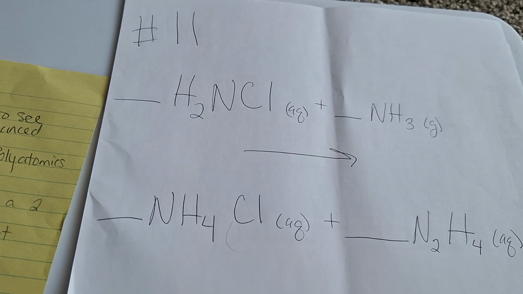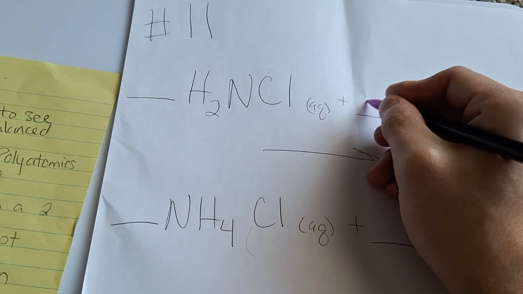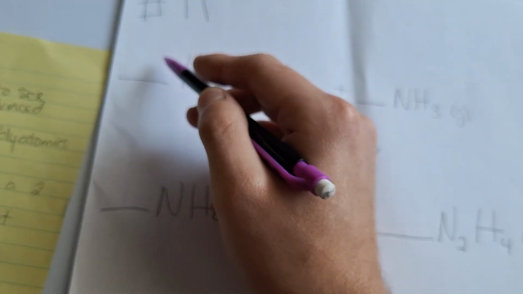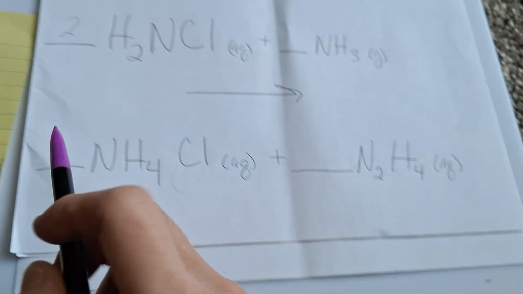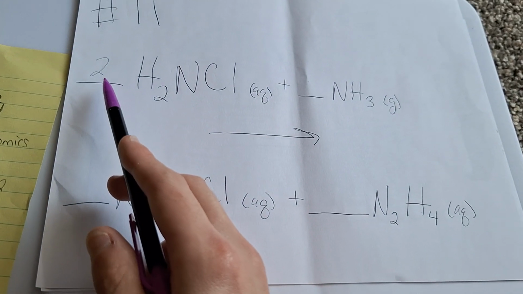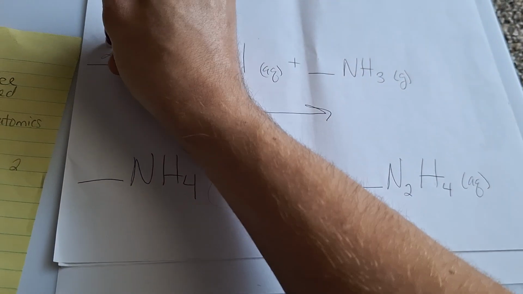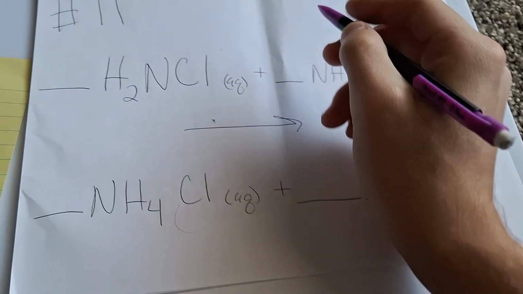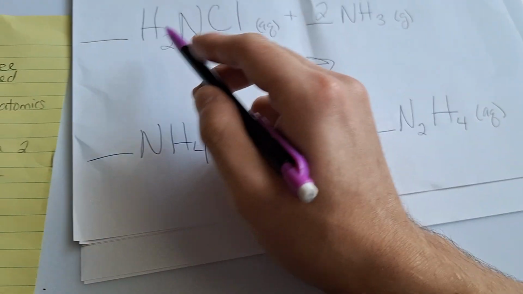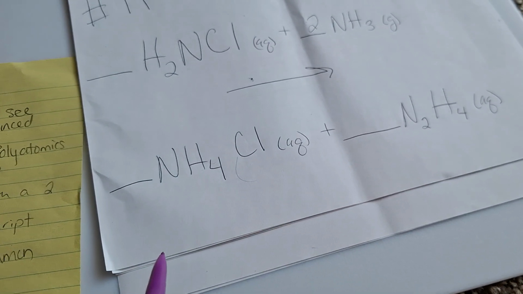So I think what I want to try first is putting a 2 here and see how that works. We'll try it. Oh no, odd and even with the 2. Don't do that. Remove that 2. Let's put the 2 here, because then we get a nice even number of hydrogen. And I love a nice even number of hydrogen.